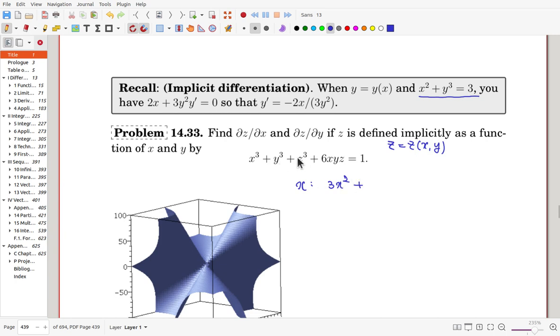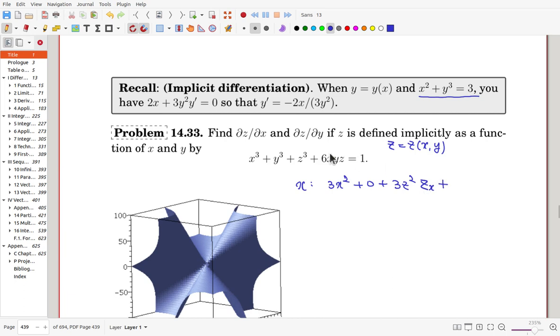And now from this one, okay, let's try to write down 0 for the second one. It's now 3z squared. First we make the z derivative, and z's x derivative, which is z sub x, right? Rather than the prime notation, we are using partial derivative notation.